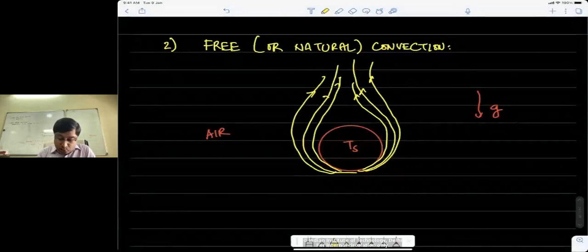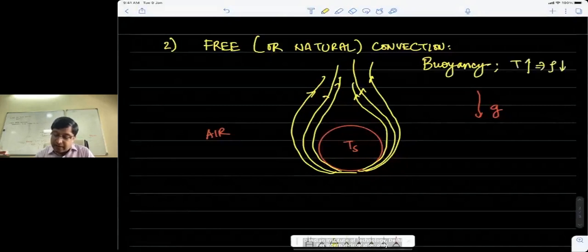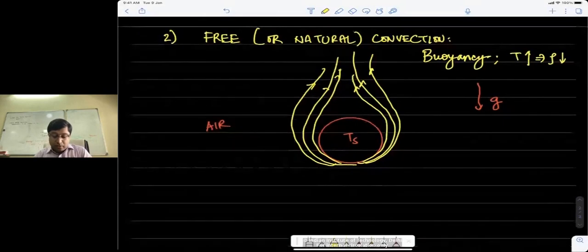So that is the mode called free convection. So remember, this is because of buoyancy. What I'm saying is that when temperature rises, we have a corresponding decrease in density, and so the hotter fluid will rise up and induce these buoyant currents in the fluid. So that is the second mode.